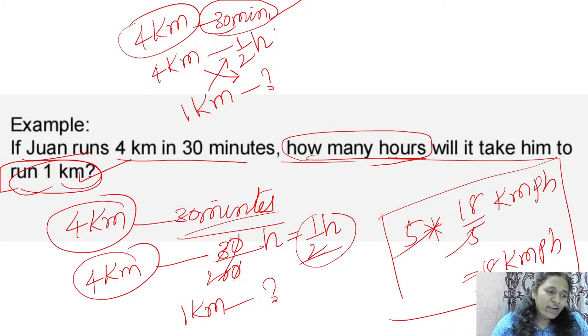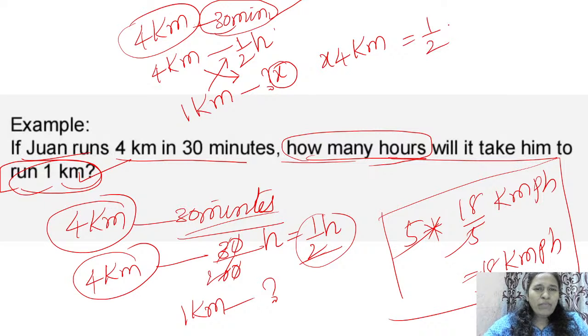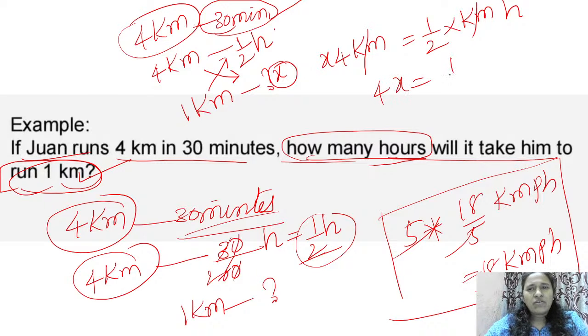We equate them, cross multiply them, and find the unknown value. We will take it as x. x into 4 kilometers is equal to 1 by 2 kilometer hour. The kilometer will get cancelled, and 4x is equal to 1 by 2 hour. x is equal to 1 by 8 hours.